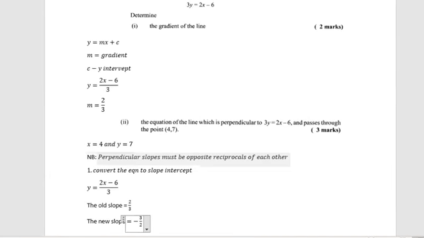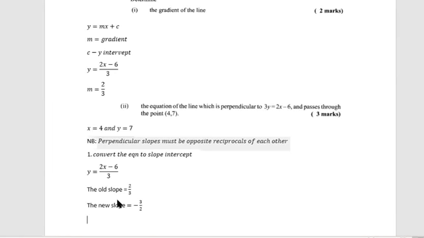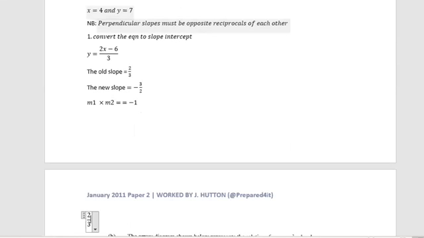So it is just the reciprocal of the first slope that was given, which means that when we do some multiplication, m1 multiplied by m2, where m1 is the old slope, this is just for information purposes, by the way, guys, not what you'll write in the exam, it should give us negative 1. And I'm just proving that by saying 2 over 3 multiplied by negative 3 over 2.